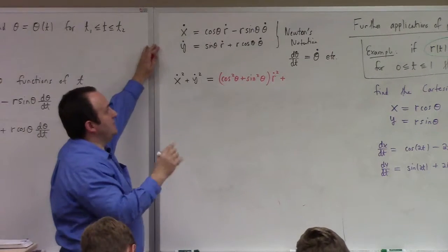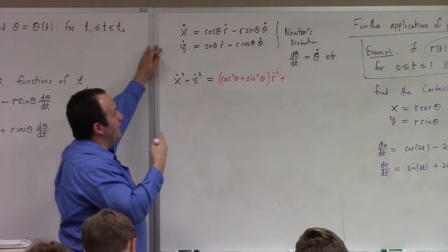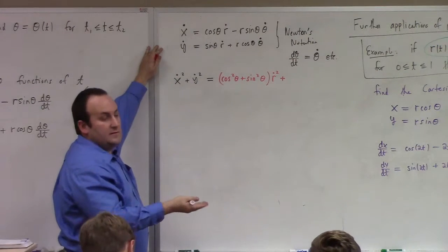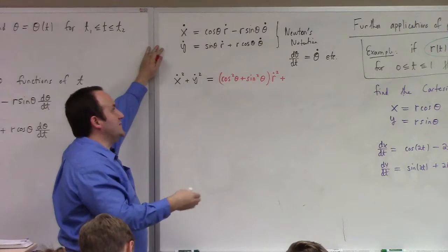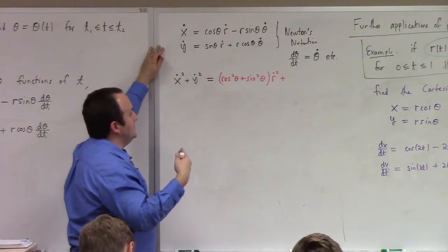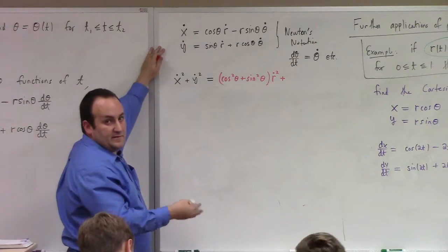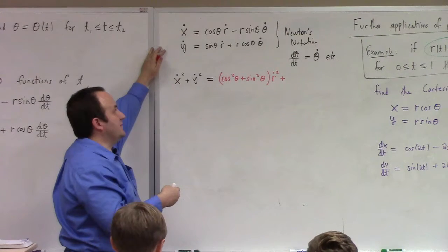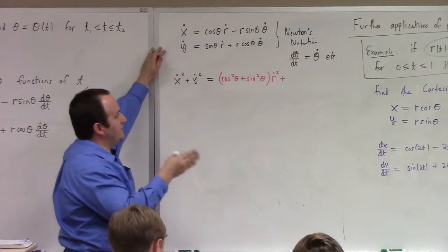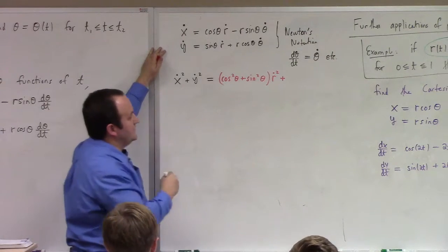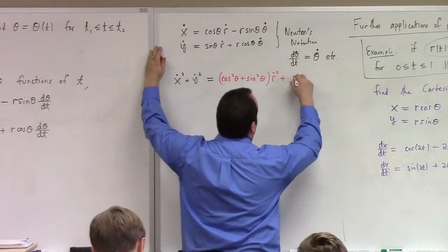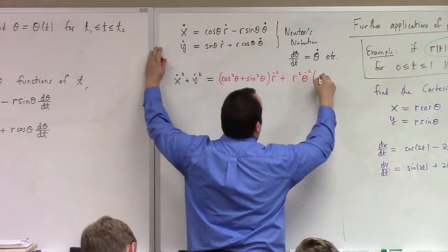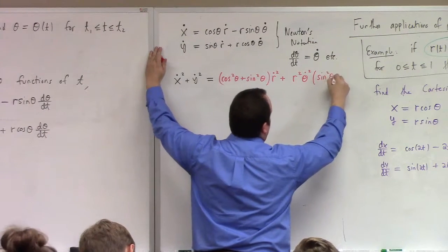When you square these, on the one you get a minus 2 r dot theta dot sine theta cosine theta. On the other one, you get a plus 2 r dot sine theta cosine theta theta dot. So the cross terms are equal and opposite in sign, they cancel. And it's just the squared terms that survive. You get a cosine squared plus sine squared r dot squared. And from the last one, you get an r squared theta dot squared times sine squared theta plus cosine squared theta.